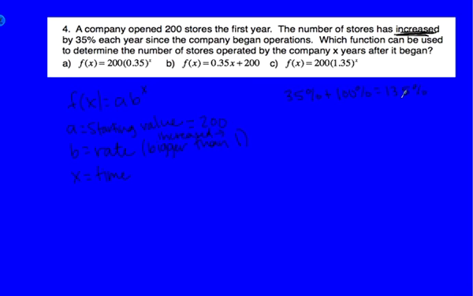But that is written as a percentage, not as a decimal. And remember, we can never plug a percentage into our problem. So we need to change it into a decimal. We take 135%, technically 135.0%, and move the decimal back 2 places. That gives us 1.35. So that is going to be our B value.